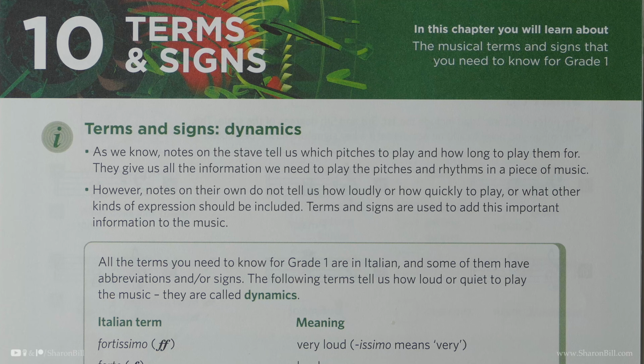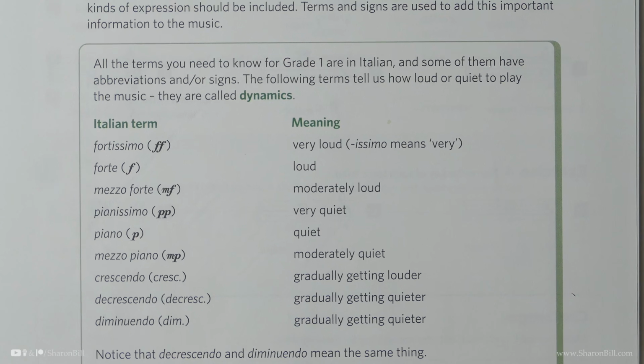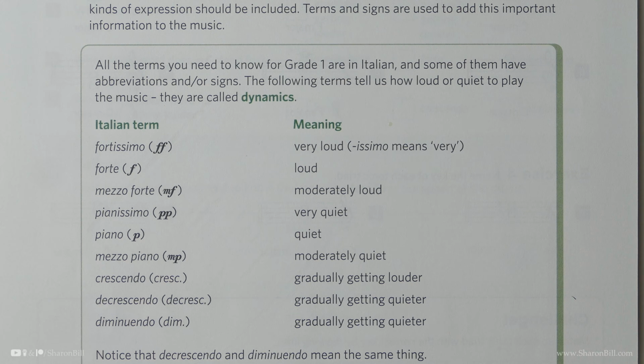And there are many, many more descriptions that the composer can give us to tell us exactly how to perform a note. And it's as simple as that really, but matters are a little bit more complicated because most of the musical terms, until music got a little bit more into the modern era, into the Romantic period, the 19th century, the vast majority, if not all of the music in classical music is written in Italian.